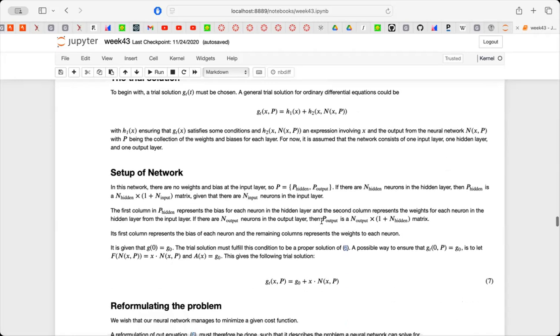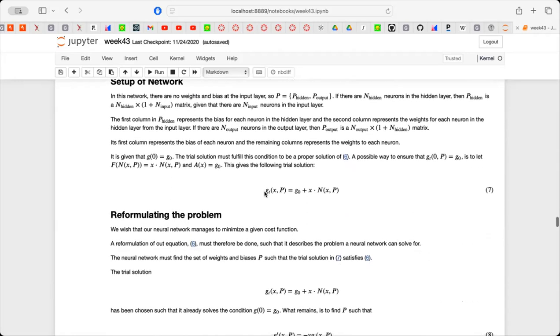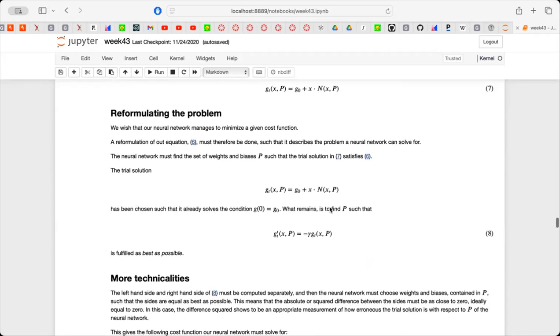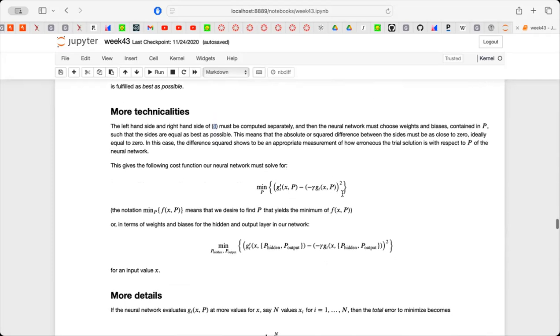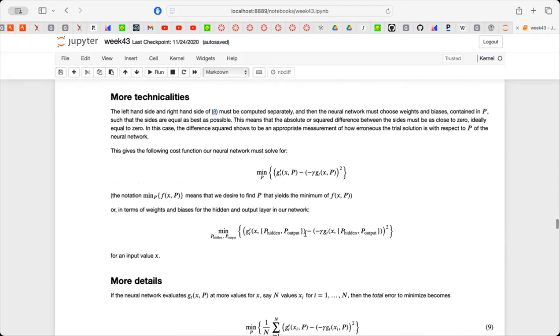And as you can see here, the function which we are setting up as a trial function is simply this g0 plus x times N. And this is the one we want to set up. We are optimizing this problem here, which was also discussed previously. And if we have one hidden layer, we need this as a function of the parameters of the hidden layer and as a parameters of the output layer.